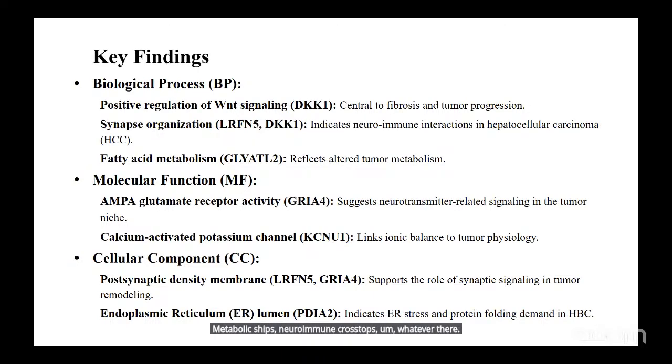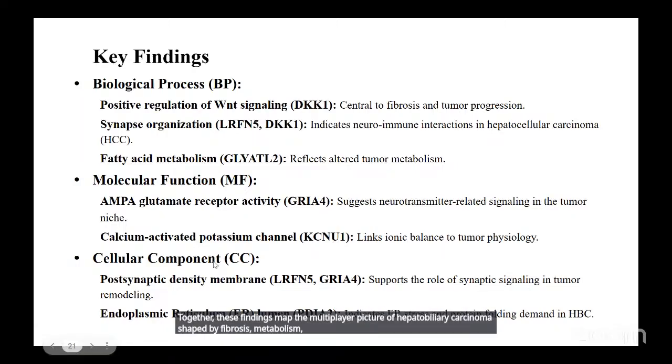They also showed central themes like altered fatty acid metabolism, which reflects the metabolic reprogramming, neurotransmitter receptor activity linked to signaling changes in tumor dynamics, and lumen enrichment highlights the protein folding stress, which is a survival mechanism for tumor cells. Together, these findings map a multi-layer picture of hepatobiliary carcinoma shaped by fibrosis, metabolism, and stress adaptation.